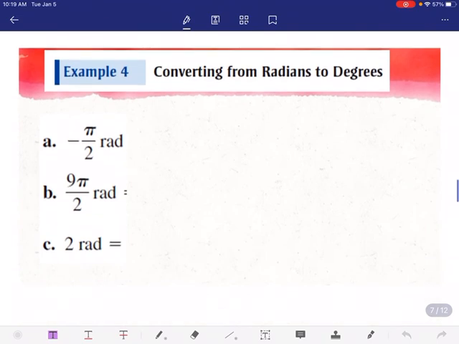We can also go the opposite direction. So this time, instead of multiplying by the pi over 180, this time we want to reduce the radian, so we want the pi to be in our denominator.